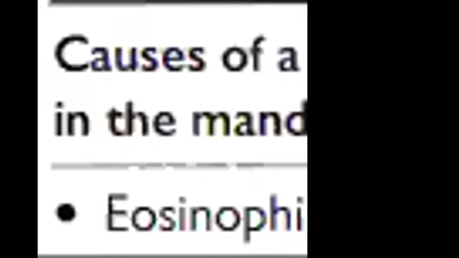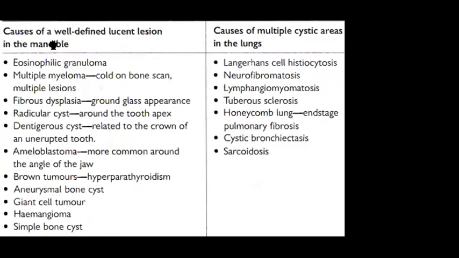It was an easy one. So just to mention the differential diagnosis, when you find a lesion in the mandible, it could be eosinophilic granuloma, or multiple myeloma, but take care that if you did a bone scan, it will be cold in the bone scan as a typical one, and it will also be multiple lesions.